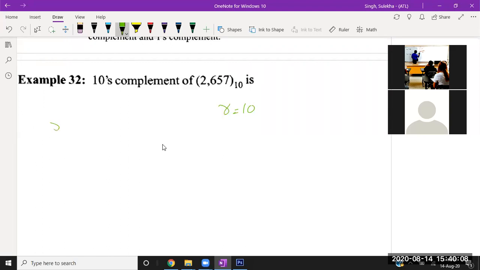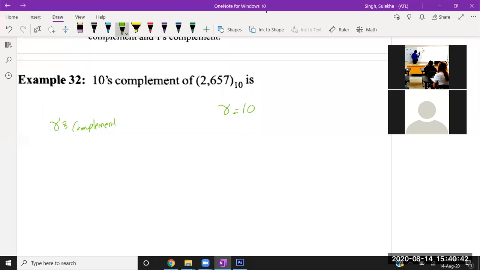Indirectly, we are calculating R's complement.